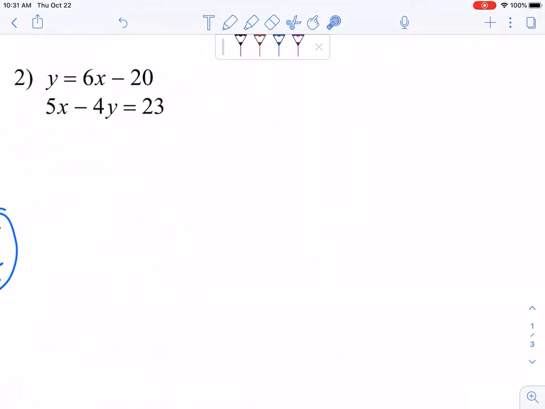Solving using substitution, when we have one equation that is solved for and one that is in standard form, we can replace the value that we have for our variable that is solved for into the other equation for that variable. So we have 5x minus 4, and then I'm replacing y with 6x minus 20 equals 23.